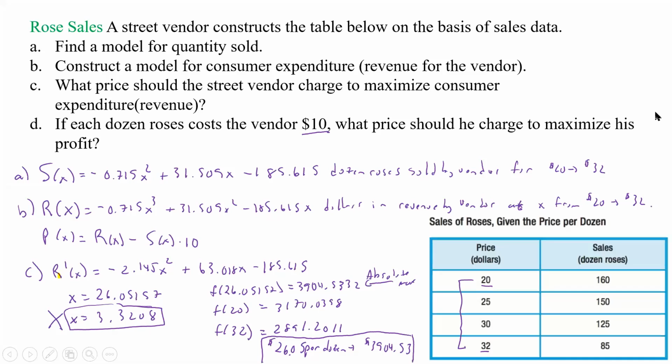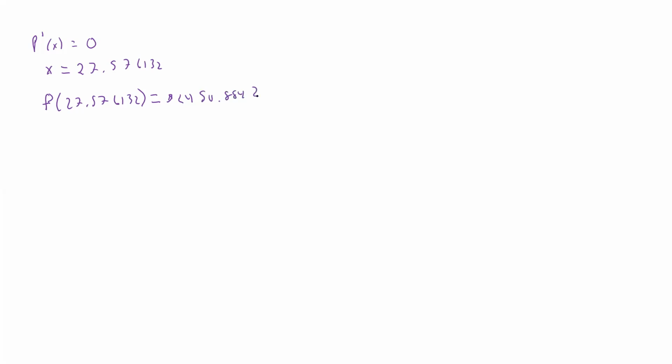And so we're out of room here. So now let's go over here. And so P prime of x was going to be basically our derivative we did on the thing. So we set that equal to 0, and we found x was equal to 27.576132, and what I guess we want is the p of 27.576132, which was going to equal 2450.8842.